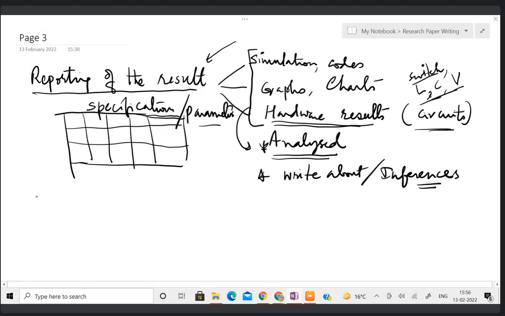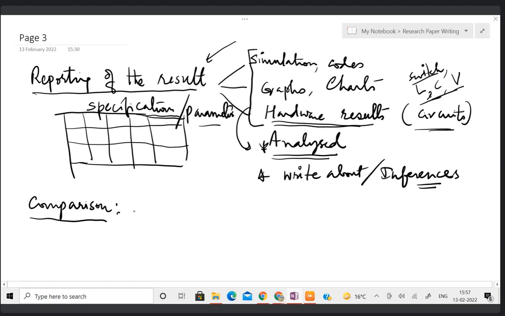Then comes comparison. Once you have taken the result, it is fine, but you need to compare those results with what people have already obtained earlier and which you found in the literature. It is quite important that you include this section of comparison.